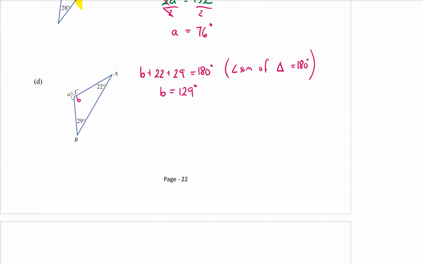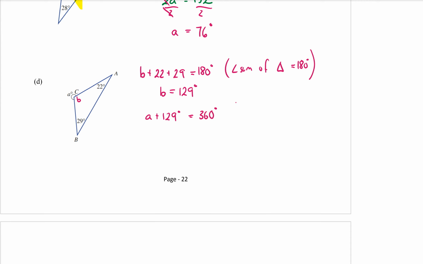Now to find A, we're actually going to use a rule that is coming up. We're going to touch on this one more in our next lesson. But all of the angles around a revolution here are equal to 360 degrees. We call it angles at a point when we're doing geometry. So that means that A plus that 129 degrees, those two angles in there, must be equal to 360 degrees.